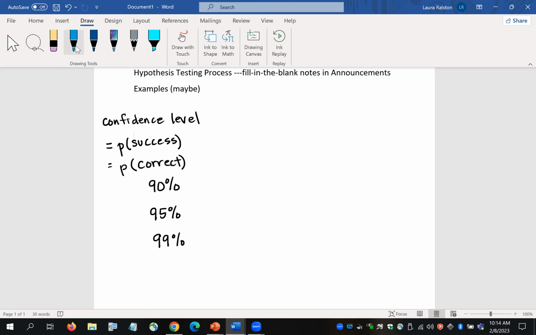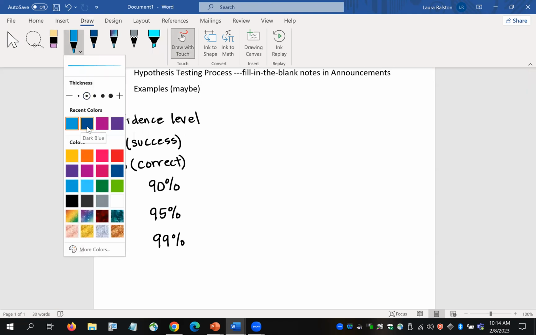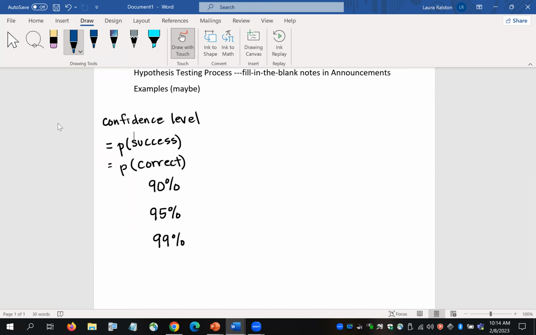I did mention on Monday that if we had that idea of the confidence level, which was the probability of a success, then you do have on the opposite side probability of failure, or the probability that you're incorrect or wrong.